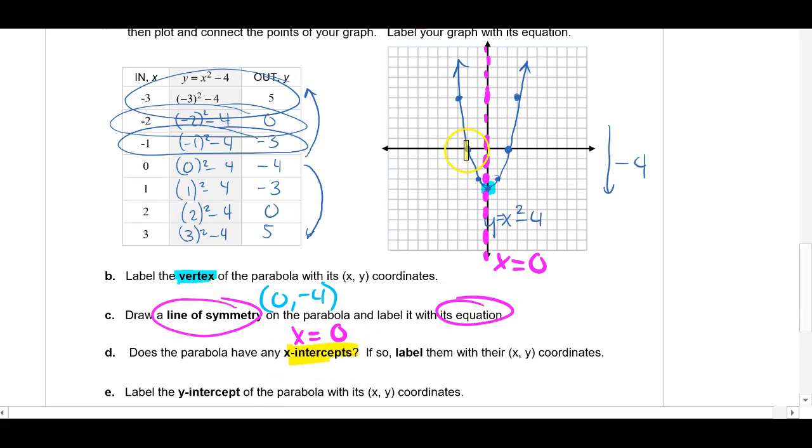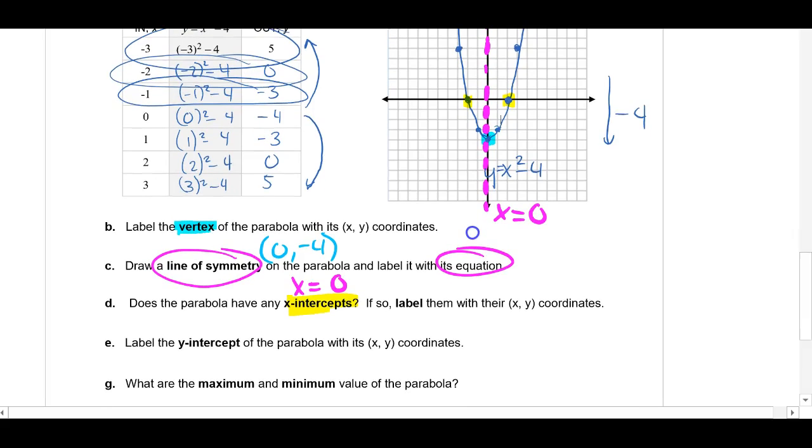Okay, now the question is, does it have any x-intercepts? Well, it has x-intercepts here and here. The first one is going to be -2 and 0. This is where it crosses the x-axis. And then 2 and 0 on the other side.